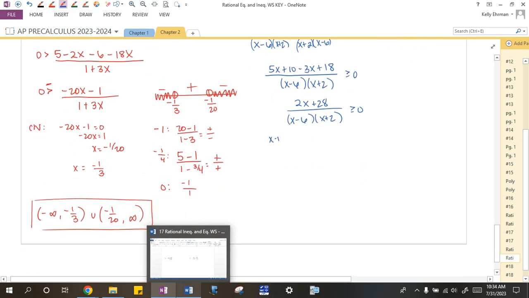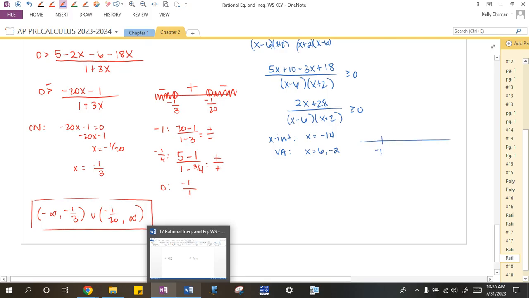Right? Here it matters which one's an x-intercept and which one's not because of the greater than or equal to. So the x-intercept is when x equals negative 14. That's when 2x plus 28 is equal to 0. The undefined values would be x equals 6 and negative 2.